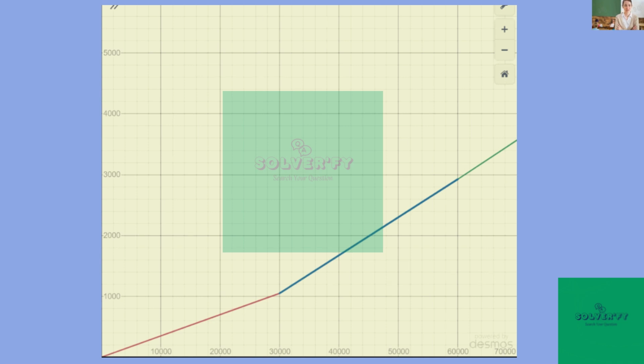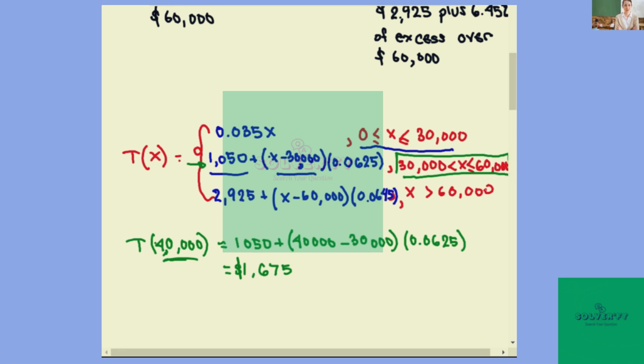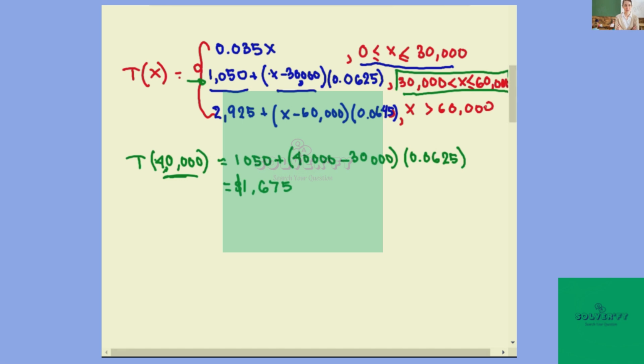One more. What if the couple earns more than 60,000, or their taxable income is higher than $60,000? Let's say it's 70,000. How much tax would they be paying? At 70,000, they now belong in category 3, so this is the part of the function we would use to evaluate it.